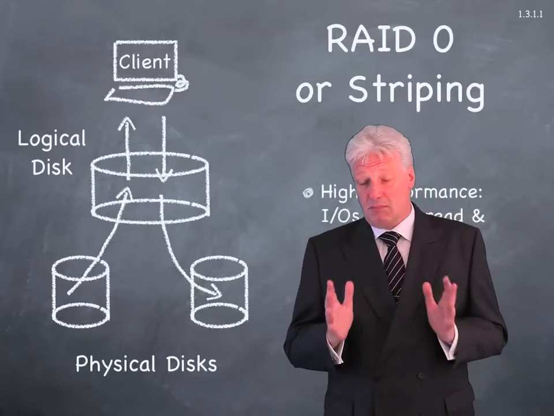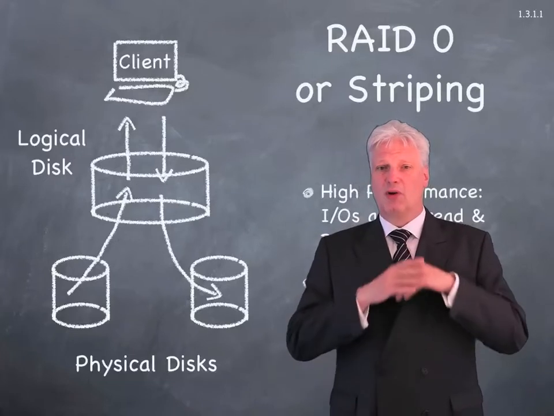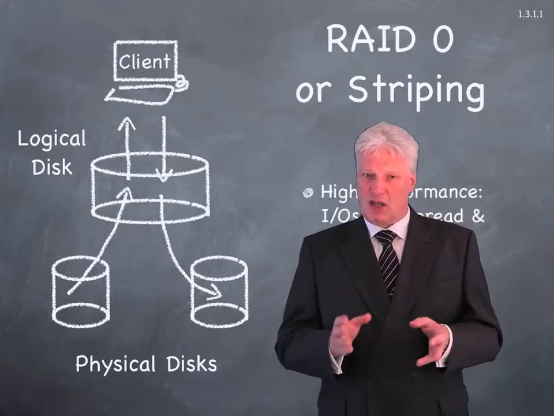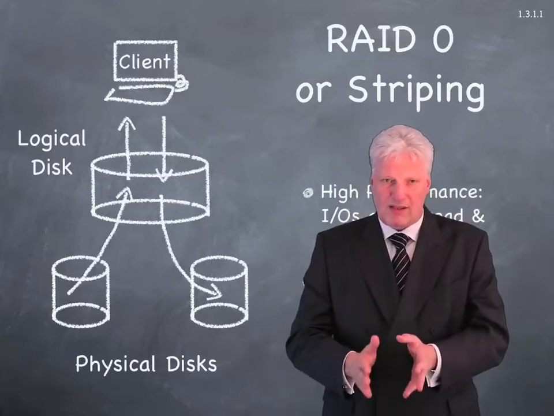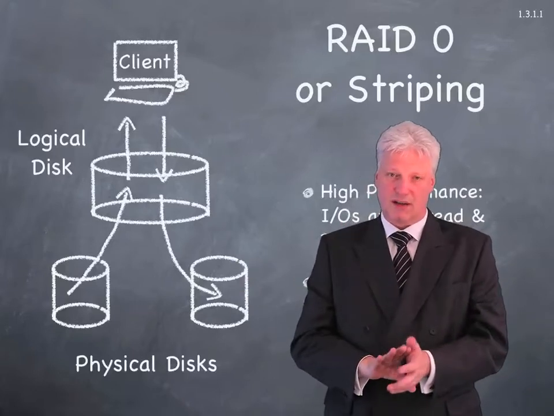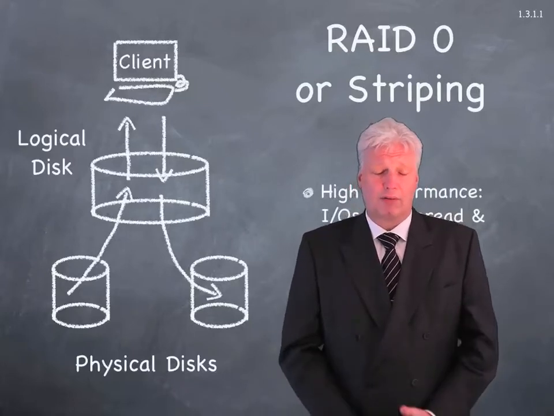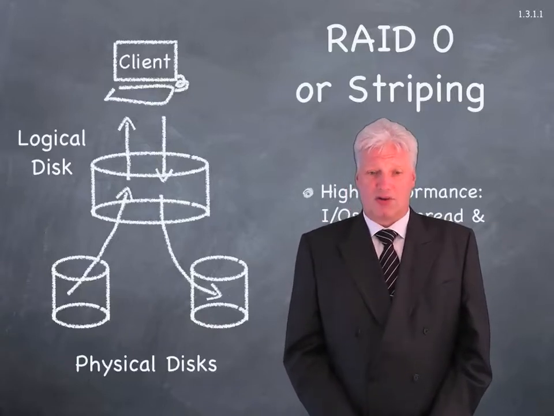There's a big problem with RAID 0, and that is if any one of these disks fails, you will lose all of the information in your entire stripe, because you will essentially get holes in your data, because in that RAID, every stripe that you have will then have a hole where the disk failed. There is absolutely no redundancy. That's why RAID 0 is not really a RAID level, and so it's not used frequently in storage systems.